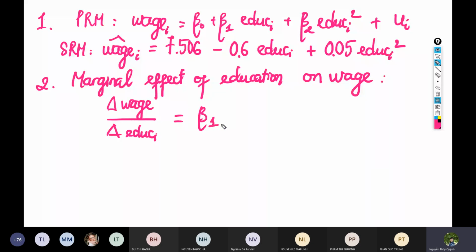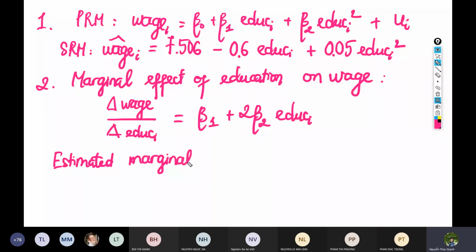All right, and in the estimated result, we have the estimated marginal effect of education on wage is equal to minus 0.6 plus 0.1 times edu.